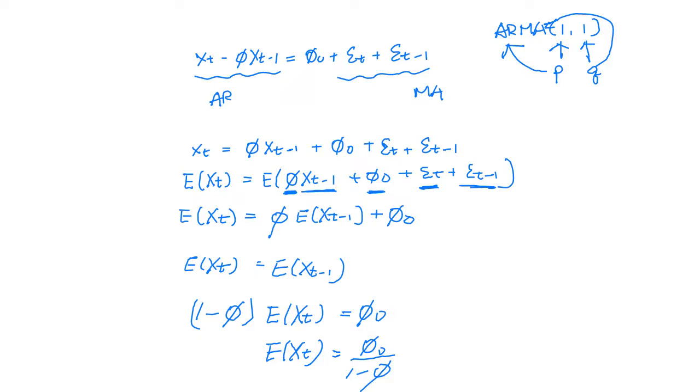All right, so now let's see how we can find the second moment and the autocorrelation function. The covariance of Xt with itself is the variance of Xt, right? So first of all, we need to find the same-period covariance. The covariance of Xt is actually equal to the variance of Xt.